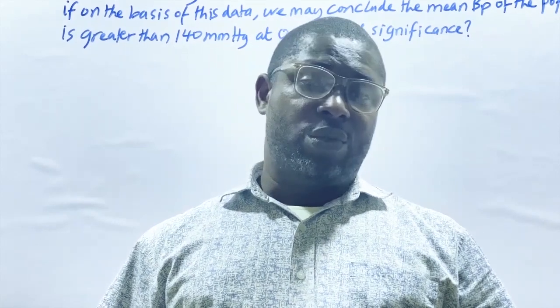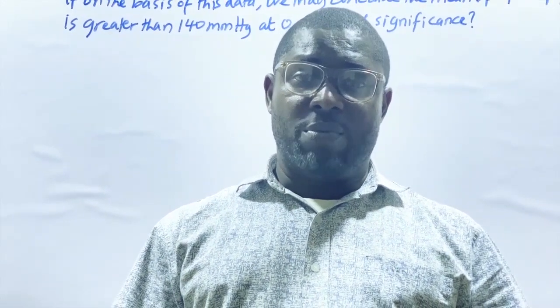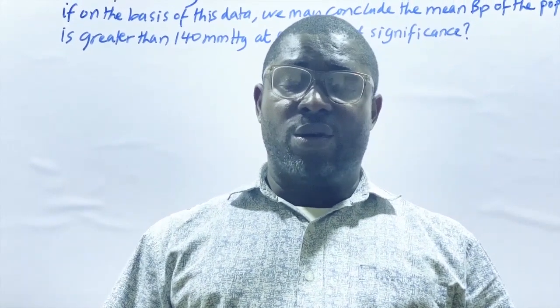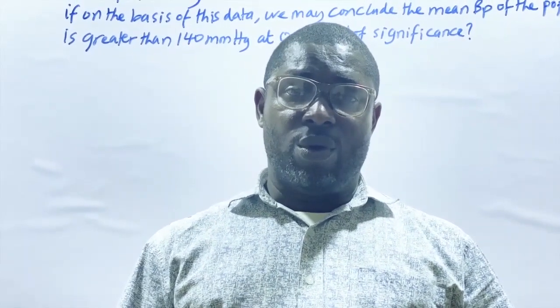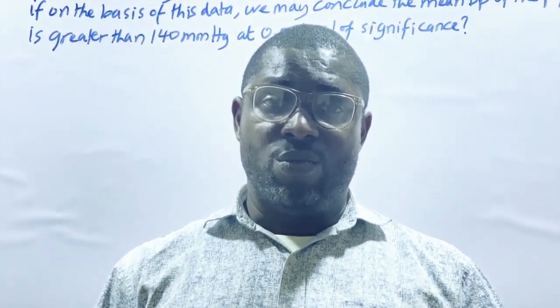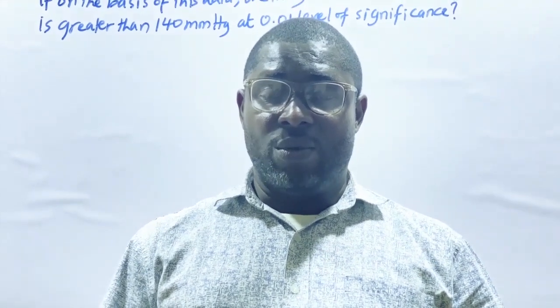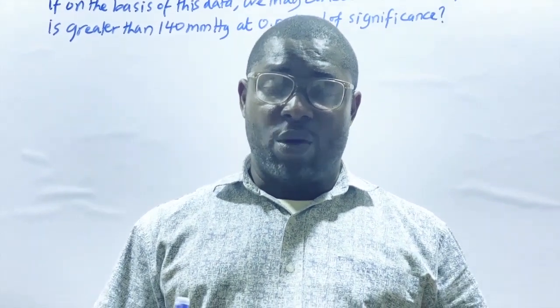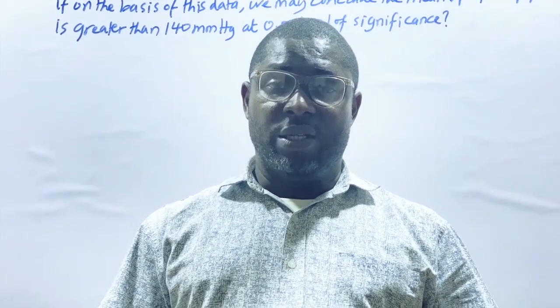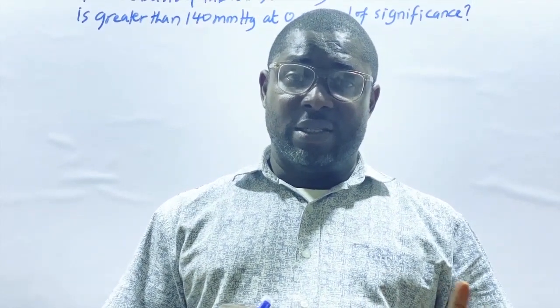Today we are going to continue with our lessons on test of hypothesis. Before now, we've looked at one-tail test considering small sample. Today we are going to look at one example of a one-tail test, but dealing with large samples greater than 30. We're going to see how we solve the problem using a different formula from the T statistic.